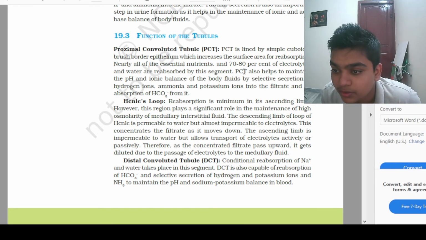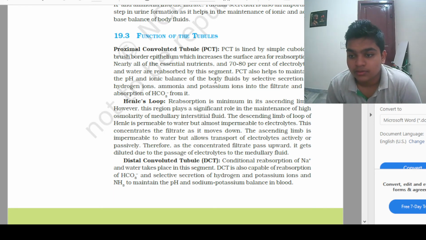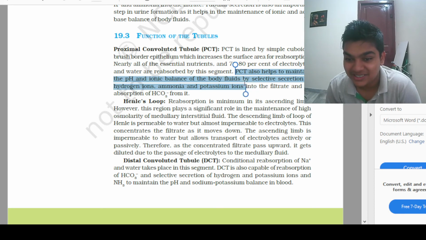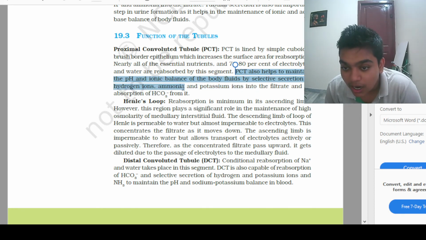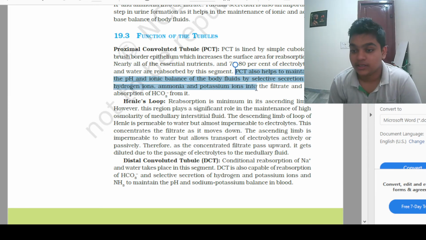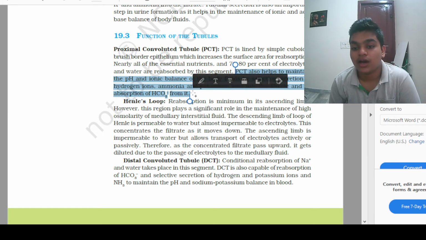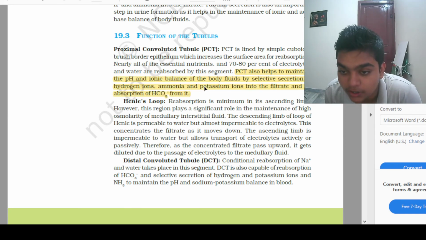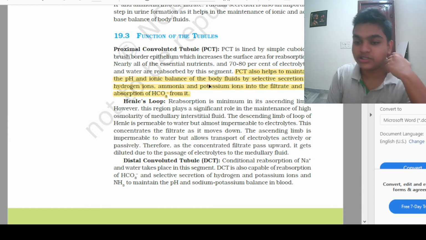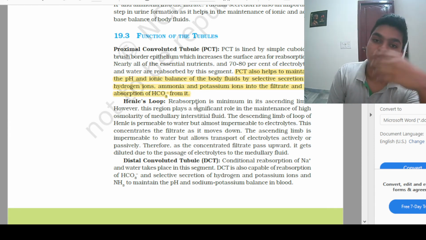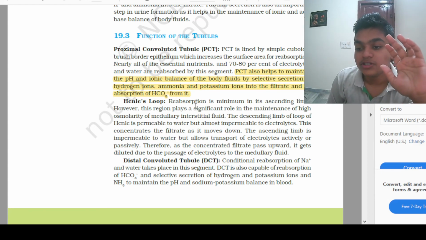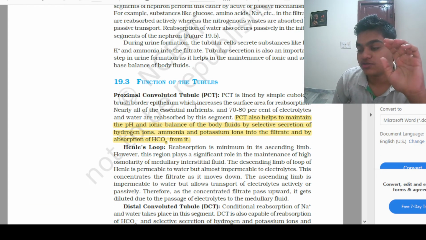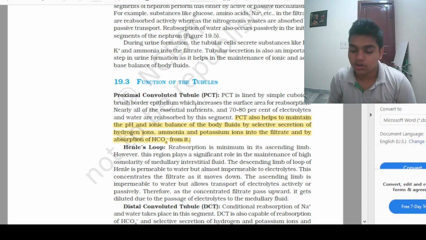The PCT also helps to maintain the pH and ionic balance of the blood and body fluids by selective secretion of hydrogen ions, ammonia, and potassium ions into the filtrate, and by the absorption of HCO3. So what happens is not only selective reabsorption, but selective secretion of different kinds of materials or ions is also taking place.